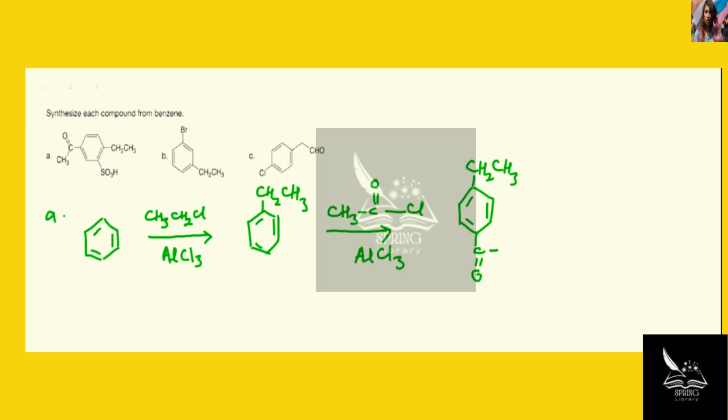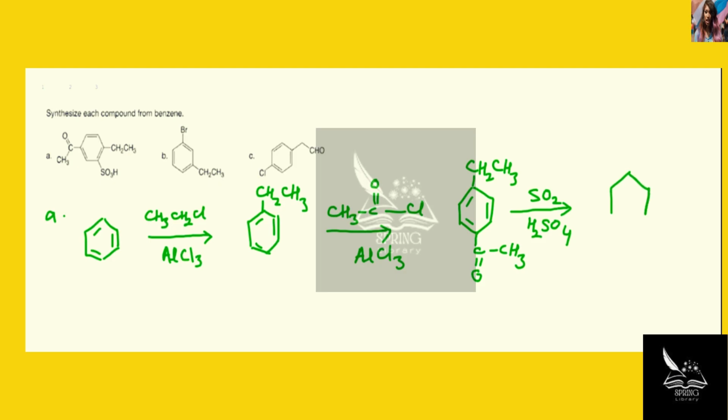At the para position you can get the acetyl group, and after that in the next step we are doing the sulfonation. Sulfonation is with the help of SO3 and H2SO4, and you must get the final product by now.